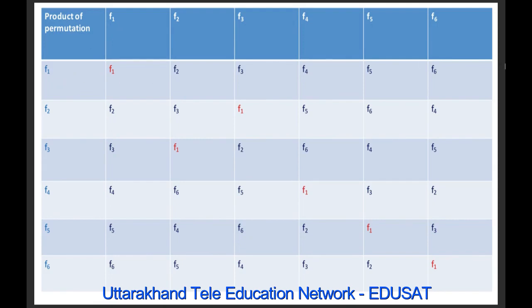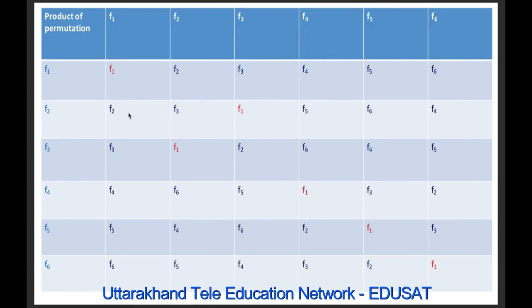To write the elements of the first row, we apply the composite transformation of F1 on F1, F2, F3, F4, F5 and F6, and as we have calculated in earlier slides, F1 dot F1 is F1, F1 dot F2 is F2, F1 dot F3 is F3, F1 dot F4 is F4, F1 dot F5 is F5, F1 dot F6 is F6.